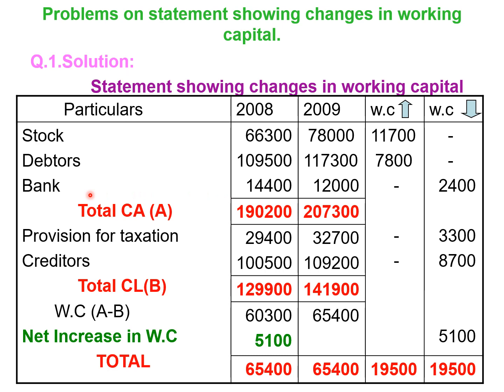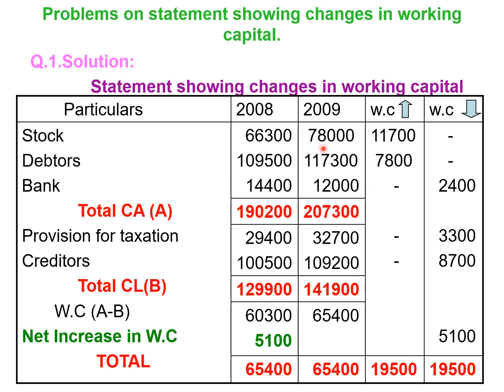Bank is a current asset. Last year we get 14,400 and current year it's 12,000, which indicates the bank balance has come down. There is a decrease in current assets. A decrease in current assets will result in a decrease in working capital. You can find the symbol here. Working capital will decrease when current assets decrease. Working capital will increase when current assets increase.